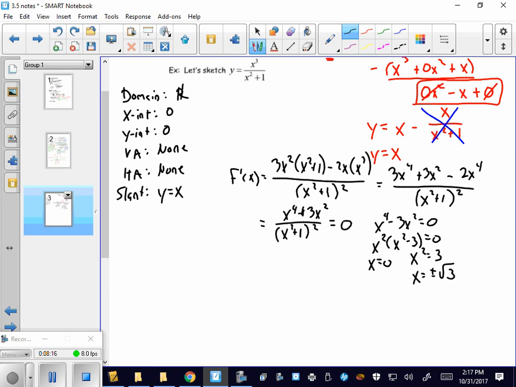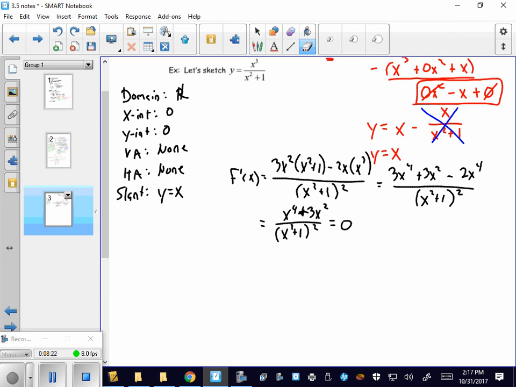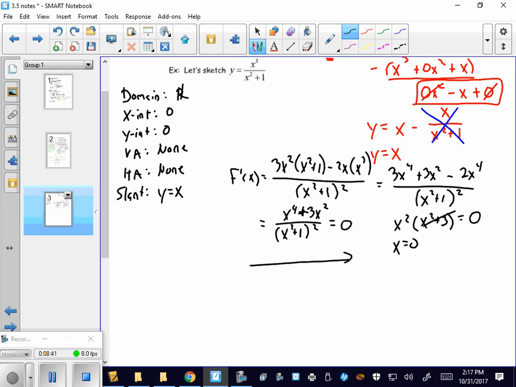Hopefully some of you guys caught that. That makes a big difference. Let's try this over again. So that's going to be x squared factored out and then x squared plus 3. I was going to say, I didn't think we had that many critical values. So really only x equals 0 because x squared plus 3 isn't going to make any difference. So my only critical value is at 0.